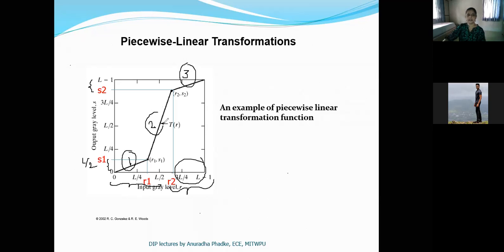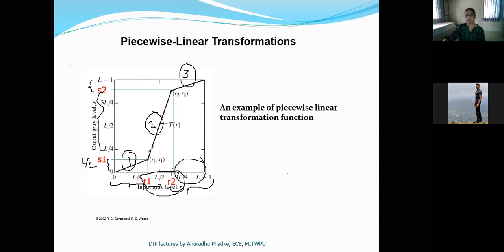And now look at the central, middle portion. Your central portion on the x-axis varies from R1 to R2. After mapping, R1 becomes equivalent to S1 and R2 becomes equivalent to S2. So your original narrow gray range between R1 and R2 is now mapped between S1 and S2, and this is much wider than the original.